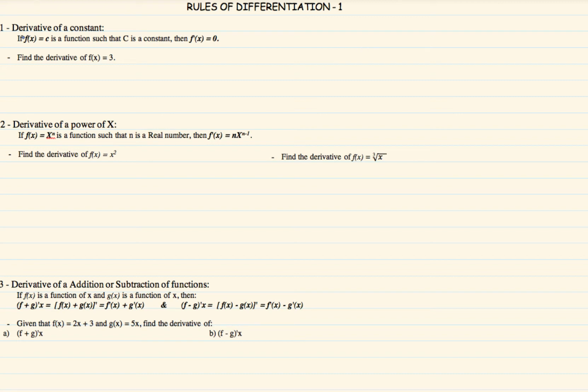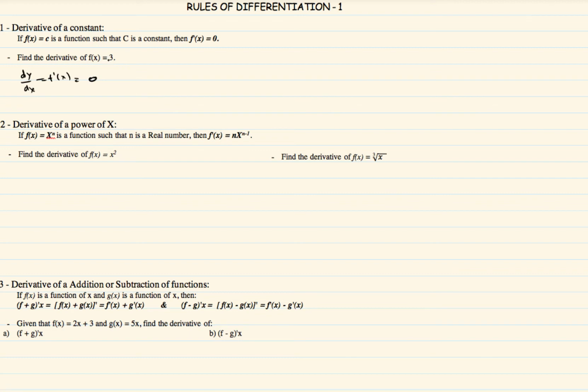So for example, you have to find the derivative of 3. Well, 3 is a constant, and if you take the perspective that the derivative means the rate of change, so if someone asked you what is the rate of change of 3, well, 3 is a constant, it doesn't change at all. So the rate of change, which can also be expressed as f dash of x, is equal to 0.